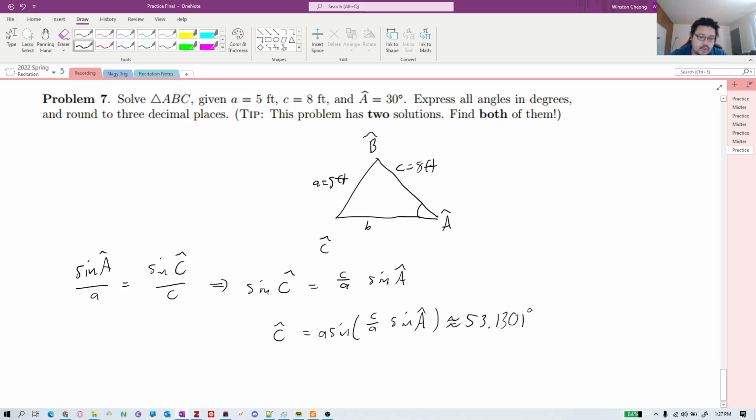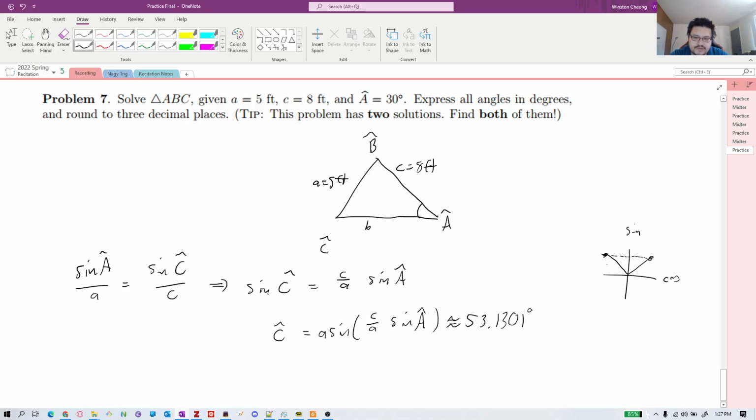Okay, this is one of the solutions, right? Because arc sine, if you recall, is always going to give you a solution in the first quadrant, but you will actually have another angle whose sine value will be the same, and that's because sine being the y-coordinate, you have another point on your unit circle that has the same y-coordinate, namely the reflection about the y-axis.